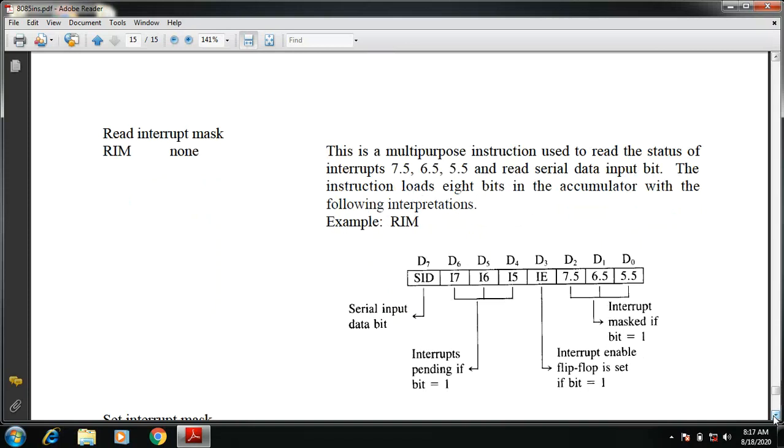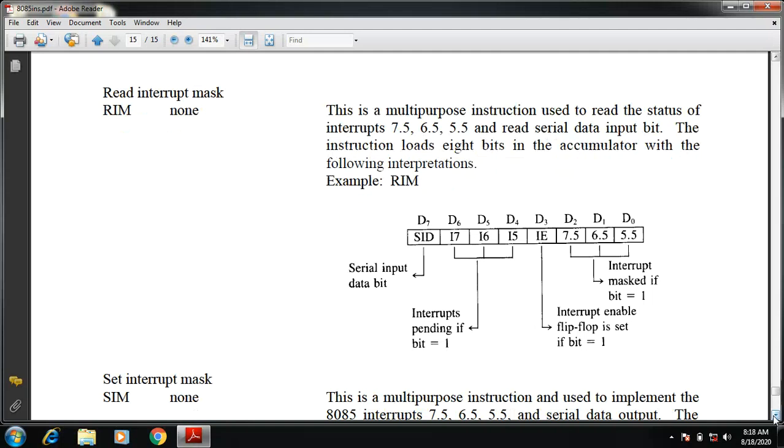Next, RIM. RIM means read interrupt mask. This is a multi-purpose instruction to read the interrupt pins and their status. Here there is a figure with D0 to D7, which are 8 bits.